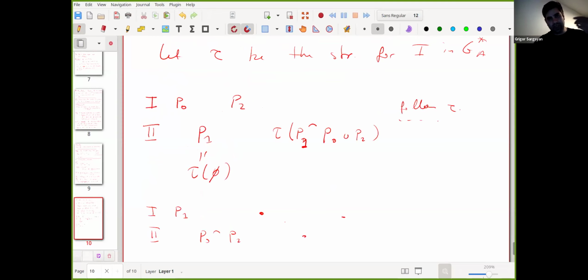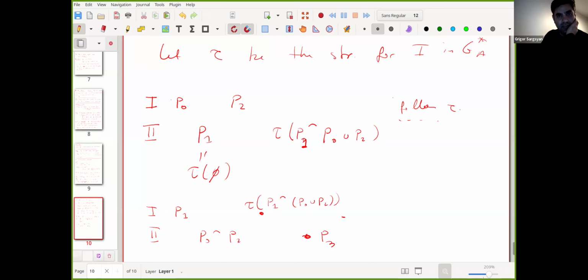It's a covering game. The sequence of reals you produce is totally unimportant. What's important is that you make sure that you cover at the end. Right? And now you just copy. So this will be P1 followed by P0 union P2. And then two will play whatever, P3, you just copy it here and that's it.